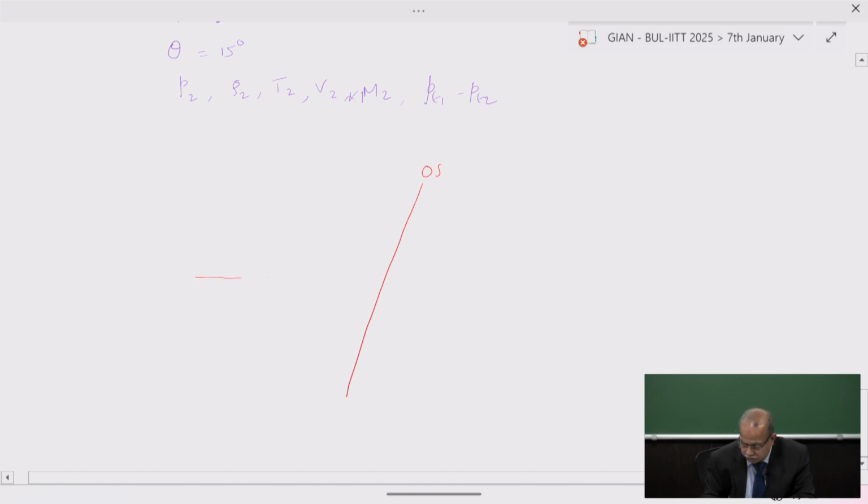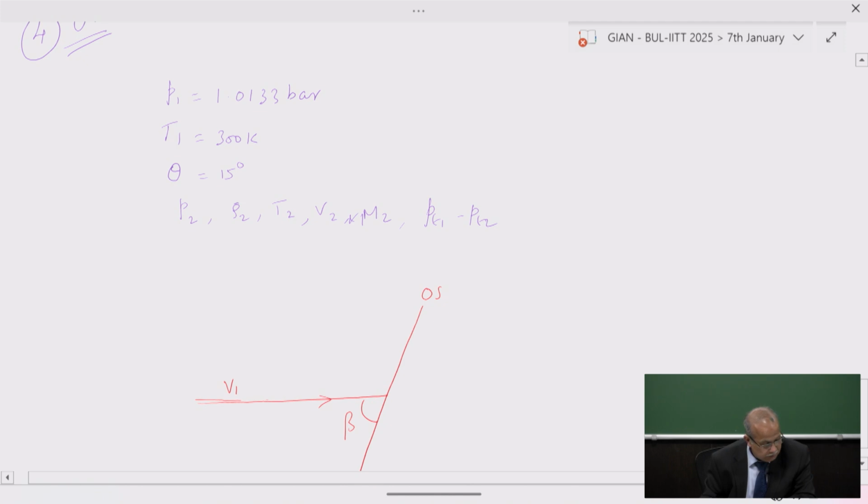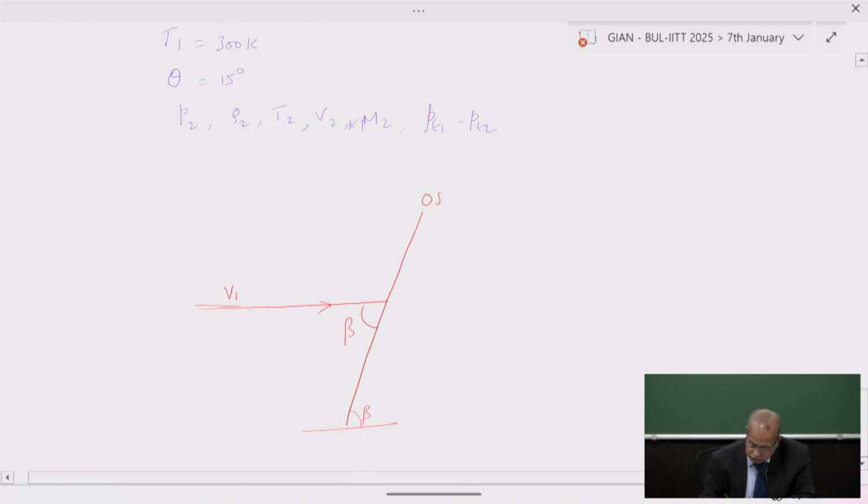So here is the flow encountering the oblique shock. This is the shock wave angle beta, V1. We have no information on V1, but we have information that M1 is given as 3, and this is 1 and 2. Here is the normal component of it. P1 is known, T1 is known.